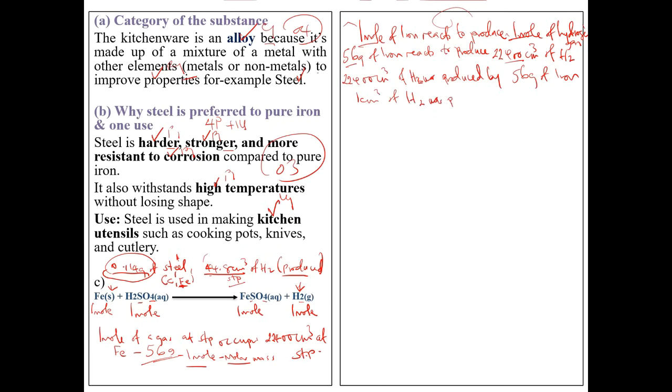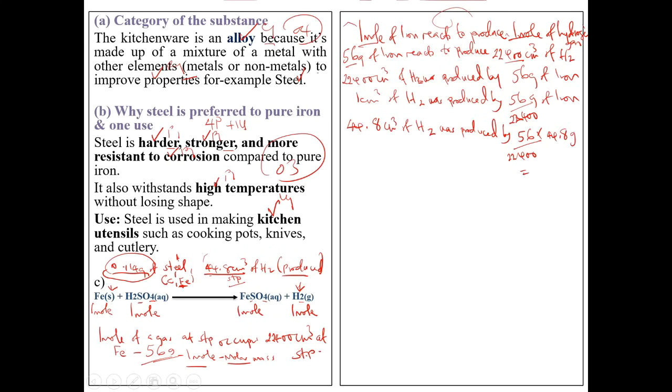It was produced by 56 over 22400 grams of iron. If 1 cubic centimeter of hydrogen was produced by this mass, what about the one they gave us in the question? That is 44.8 cubic centimeters of hydrogen. It was produced by 56 over 22400 times 44.8 grams.